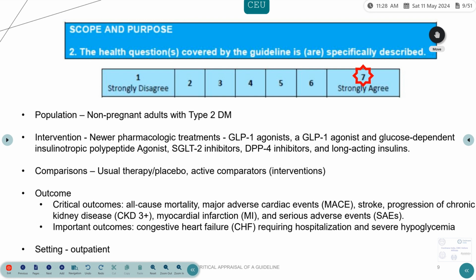Comparison was usual therapy, placebo, or even among the newer OADs themselves. Outcomes they looked for were all-cause mortality, MACE, stroke, progression of CKD, MI, and serious adverse events, and important outcomes also looked for were congestive heart failure requiring hospitalization and severe hypoglycemia as an adverse effect. The setting they have mentioned for this guideline is outpatient. So they have mentioned specifically the health question which is covered in this guideline.